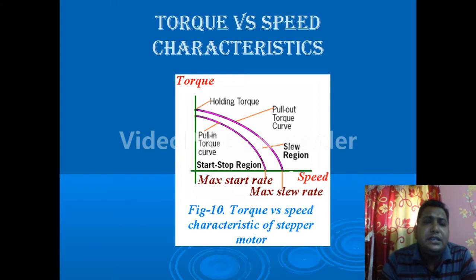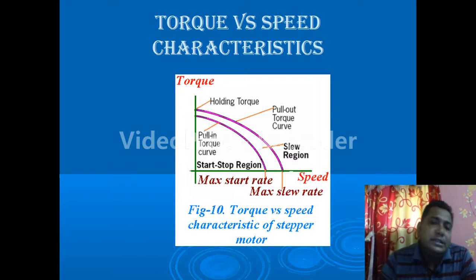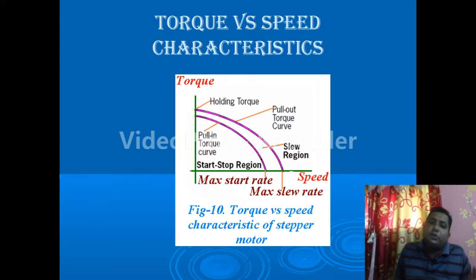As we can see, when the speed is 0, the torque is highest, and with the increasing value of speed, the torque is decreasing, and at a particular value it will be 0. That means before it achieves any speed, it has a very high torque, and when it has started, the torque is reduced.